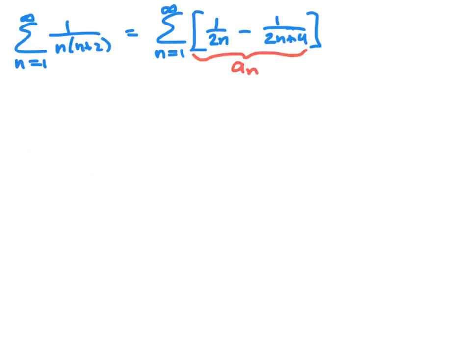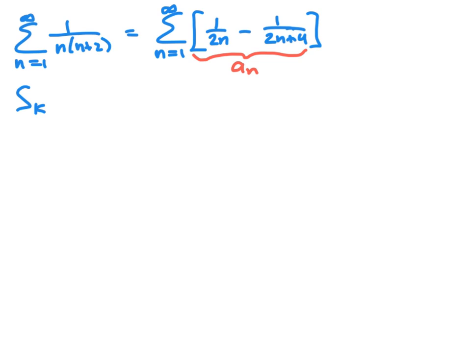So we can rewrite our series n equal 1 to infinity of 1 over n times n plus 2 as the sum n equal 1 to infinity of 1 over 2n minus 1 over 2n plus 4, and we'll call the terms in this latter expression a sub n, since it involves a difference, and this will allow us to use the telescoping series approach.